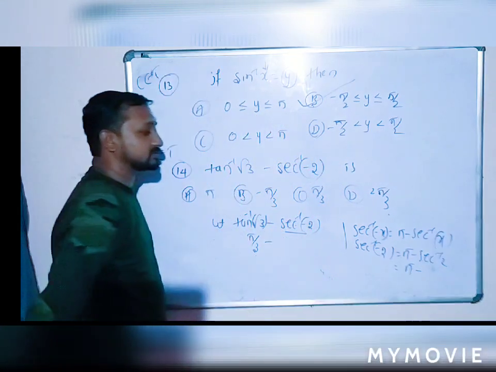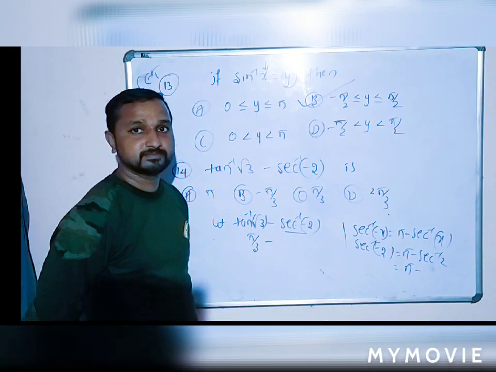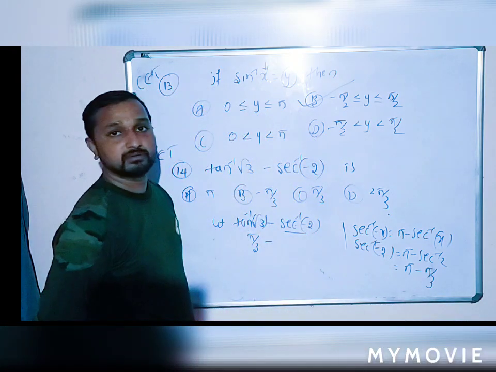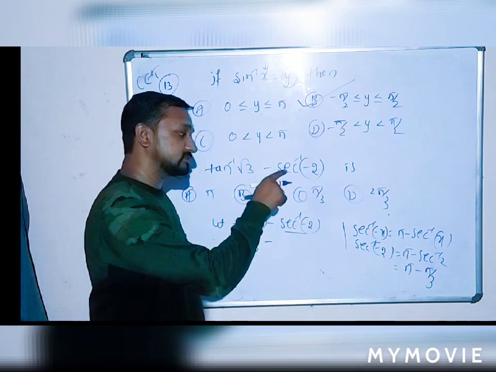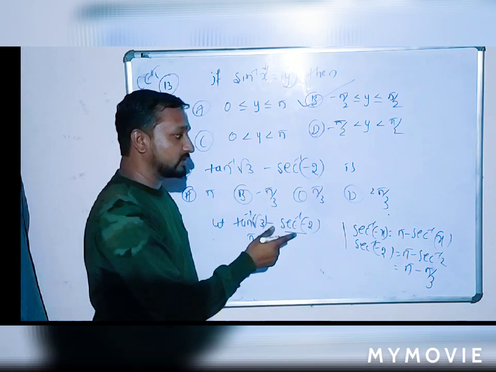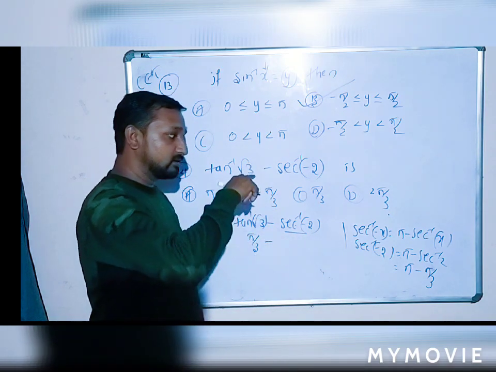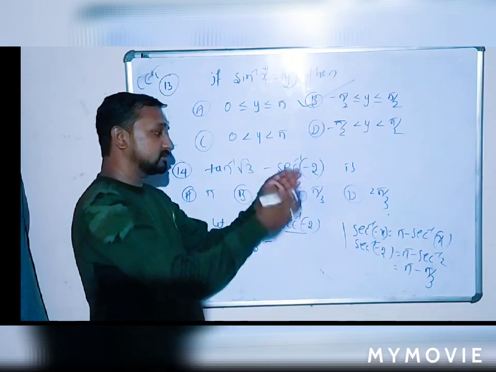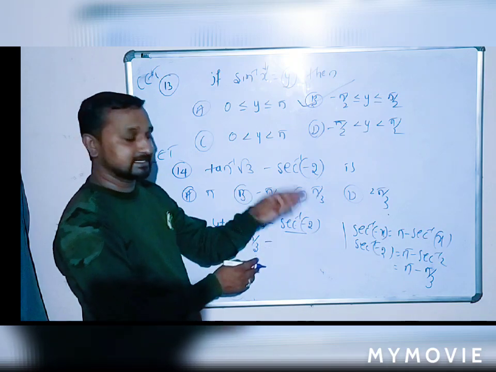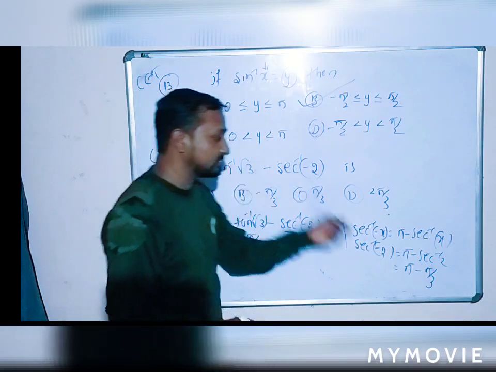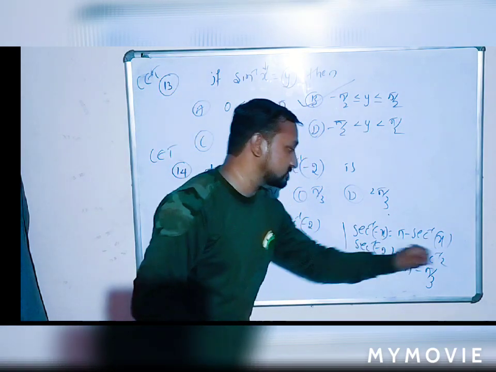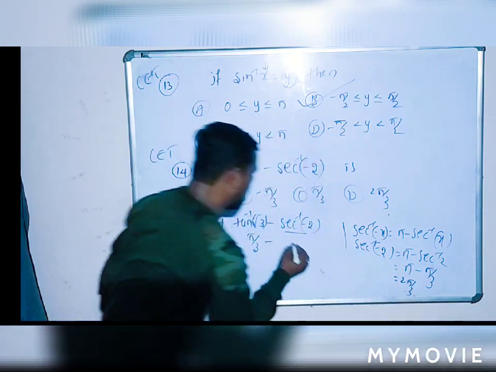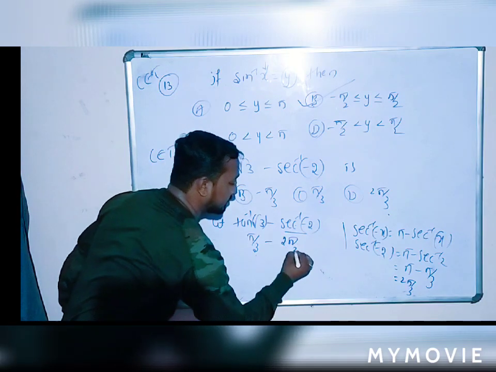In which angle is the value of sec 2? Cos 60 degree is 1 by 2, reciprocal, so sec 60 degree is 2. That is pi by 3. So that is equal to 2 pi by 3. What is the value of this one? 2 pi by 3.